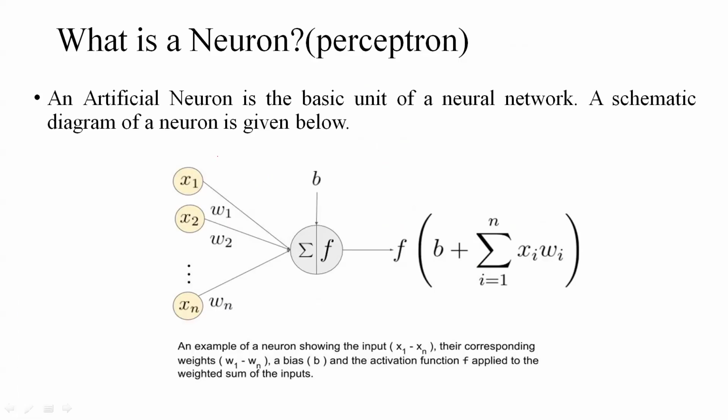Now what is going to happen here? One input is transmitting, and whenever it transmits the input, a random weight will be added. That becomes W1.